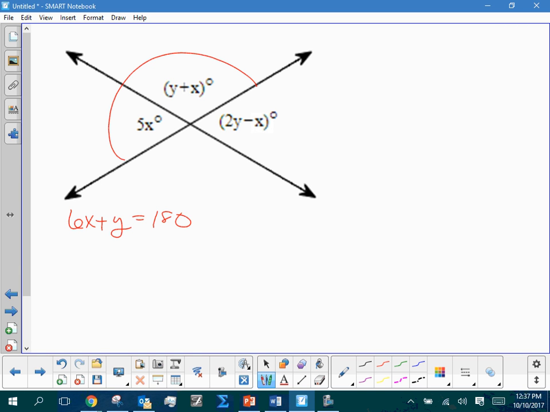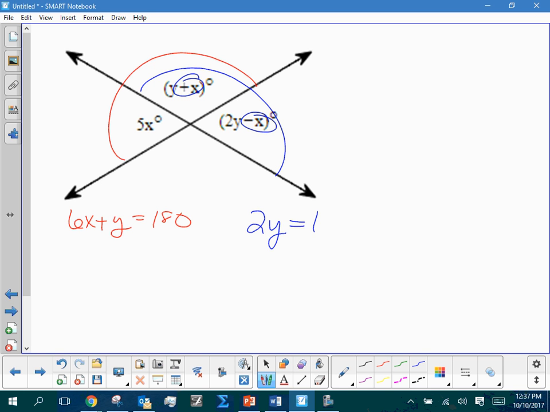So then I look, okay, there's another relation. Well, I see another pair of supplementary angles there, another linear pair. So add those together, and 2y minus x plus x gives me what? If I add the plus x and the minus x, they go away, don't they?